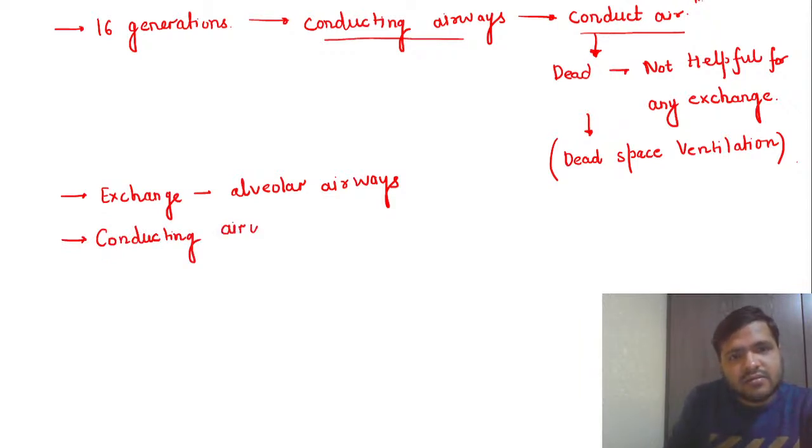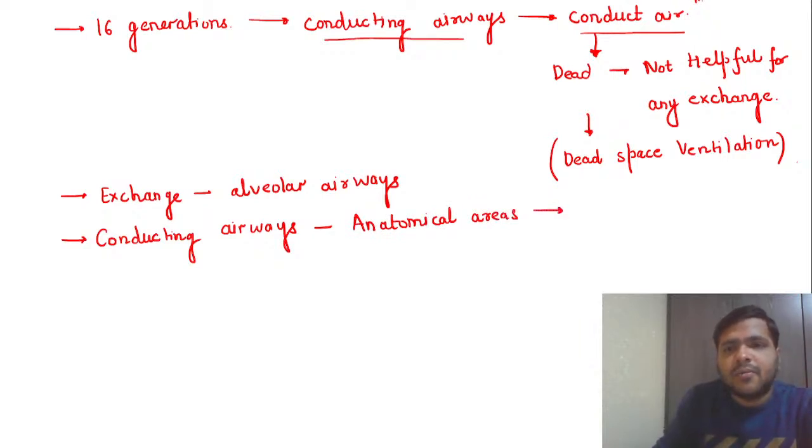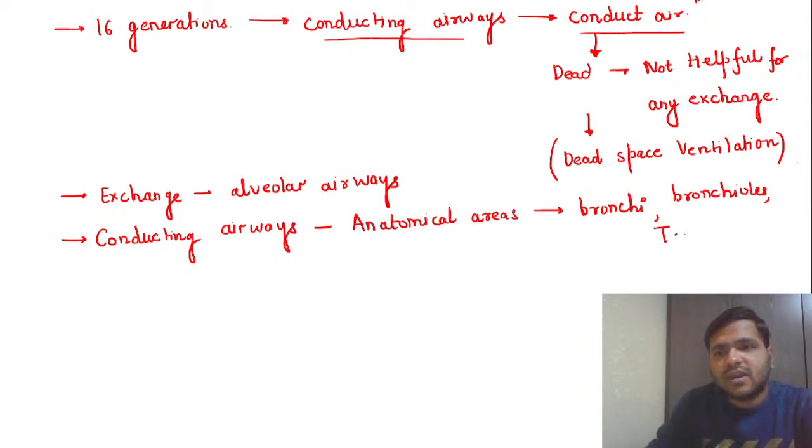The conducting airways are anatomical areas, like the bronchi, the bronchioles, and the trachea.